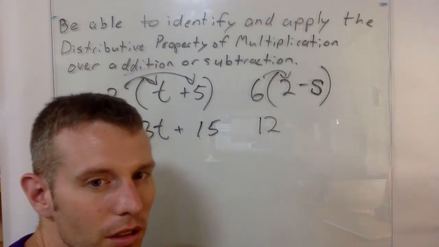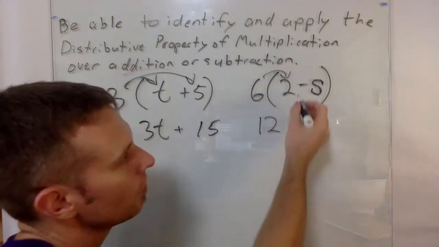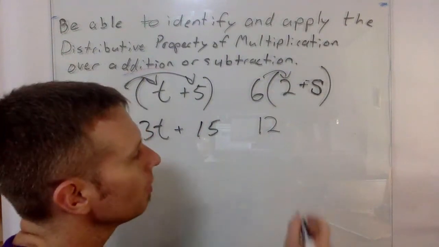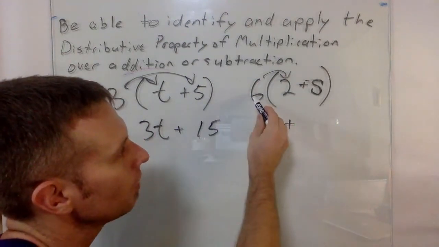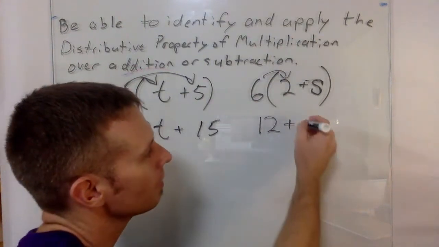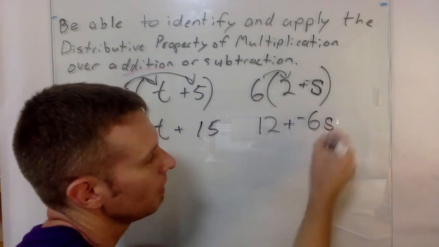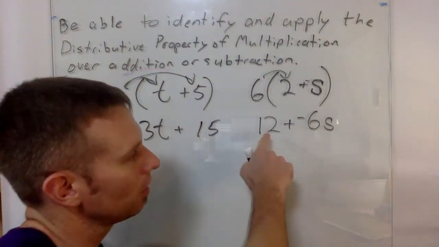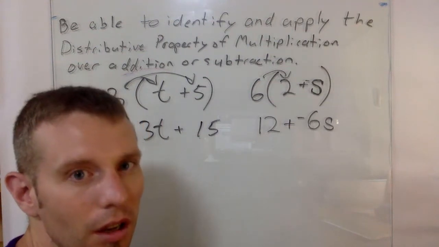Now, we know from doing integers that whenever we have subtraction here, we usually want to add the opposite. So we could make this plus, and then now we have the 6 times negative s. So that's going to be negative 6s. Now, was that adding the opposite necessary? Maybe, maybe not. 12 minus 6s would also give us the same answer.